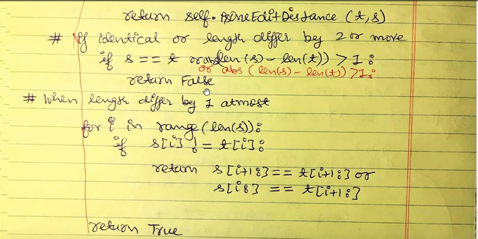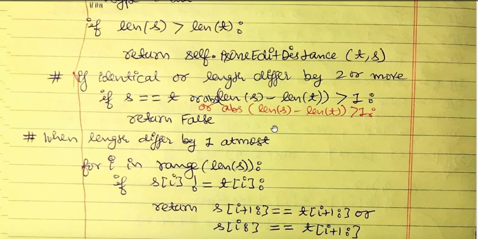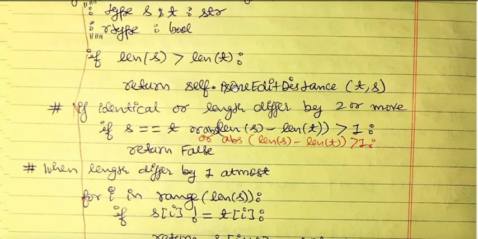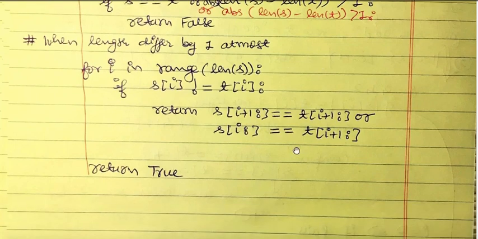In both cases we return false. Now after this stage, it means we have a length difference between source and T of just 1, or less. So it can be the same length, or the target could be 1 larger than the source, because we have swapped the strings to make sure that the source is smaller. So here half of the problem is already solved.